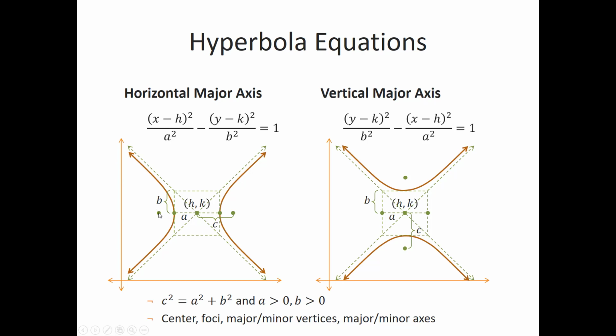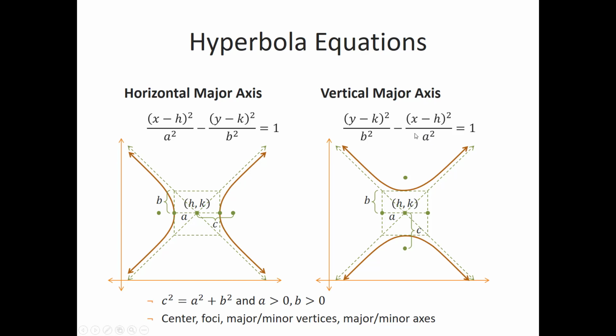The curves will always wrap around the foci. They pass through the vertex and curve around the foci. So if we have a horizontal hyperbola, we have x squared minus y squared. If we have a vertical hyperbola, vertical graphs, we have y squared minus x squared.